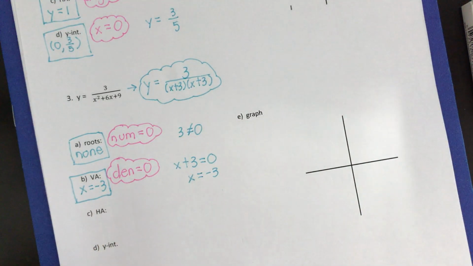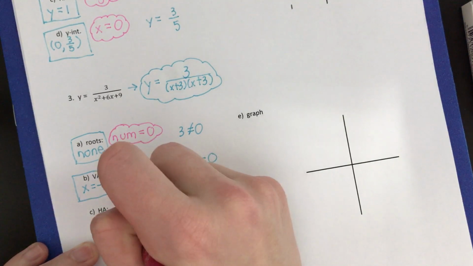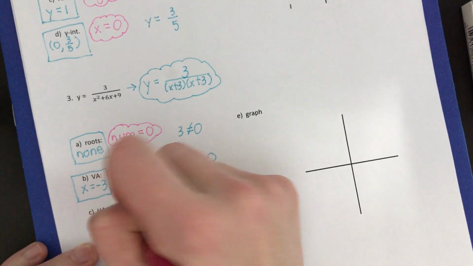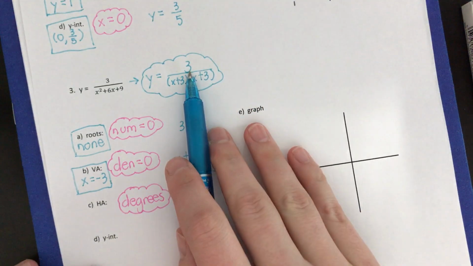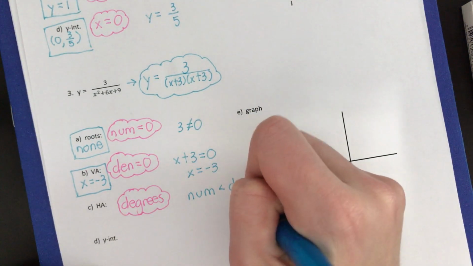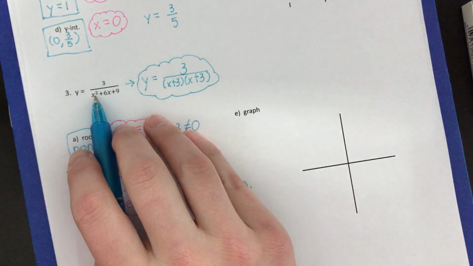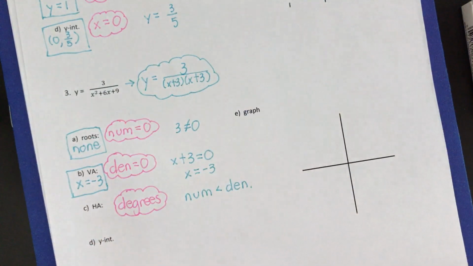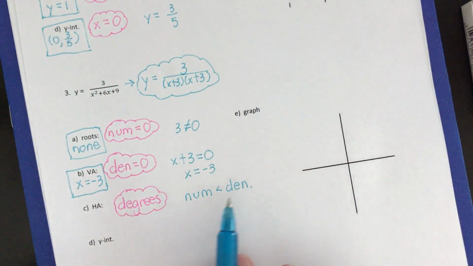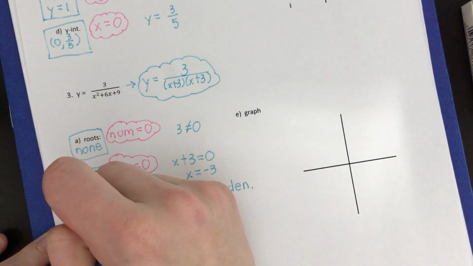And then HA, look at our degrees. The numerator is less than the denominator, because the degree is 0 here, the degree was 2 here. Remember that, okay? So that means your HA is going to be at y equals 0 from the chart on the first page.